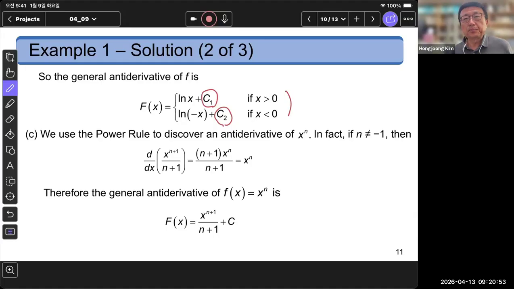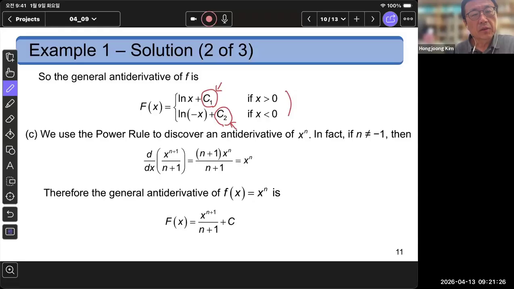But sometimes if we read a textbook or paper, everyone understands as long as they know the concept of antiderivative. They know that I need two constants, and actually the constant for positive x doesn't have to be the same as the constant for negative x.